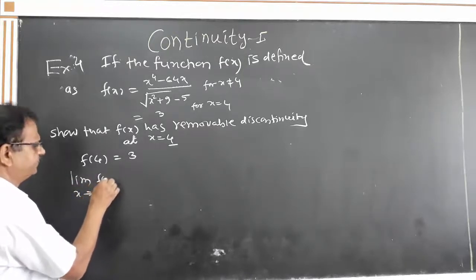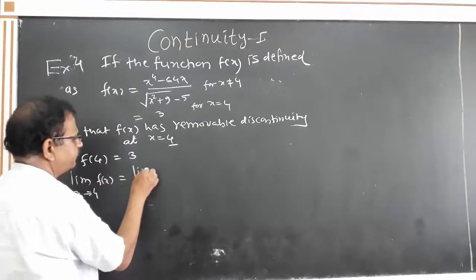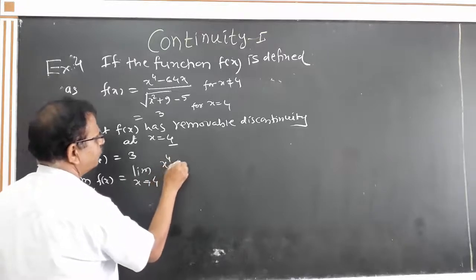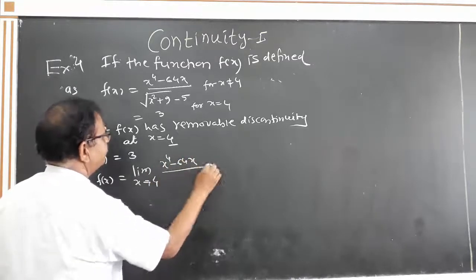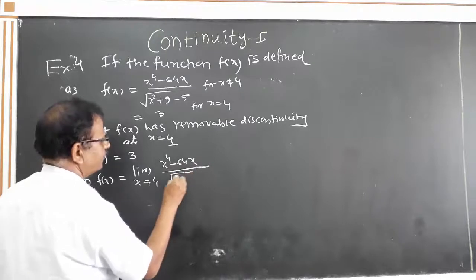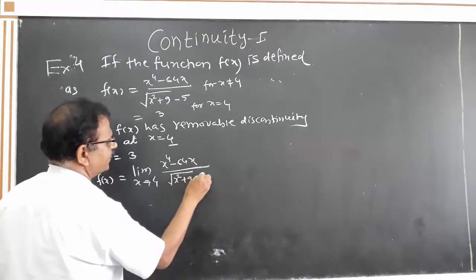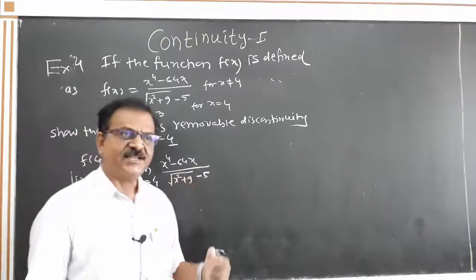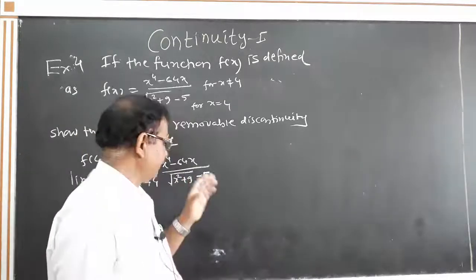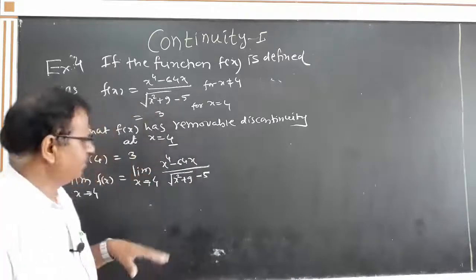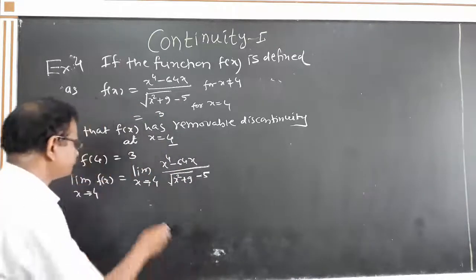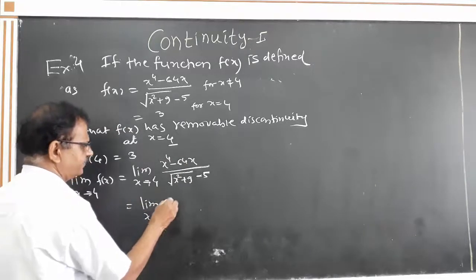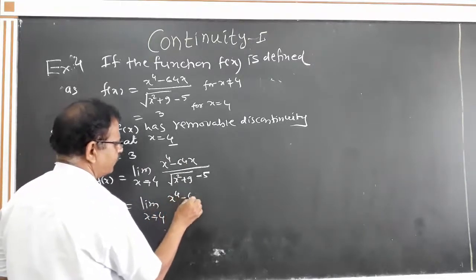Now we shall find out limit x tends to 4 of fx, that is equal to limit x tends to 4 of x raised to 4 minus 64x divided by root of x square plus 9 minus 5. See here, if there is a square root sign in numerator or denominator and plus or minus things, then we have to make some arrangement. Arrangement will be limit x tends to 4 of x raised to 4 minus 64x.